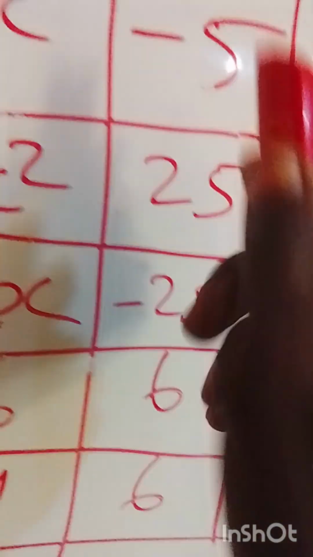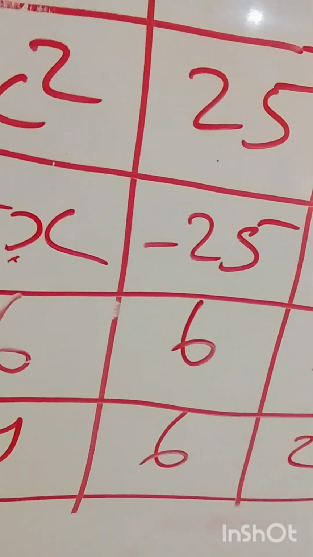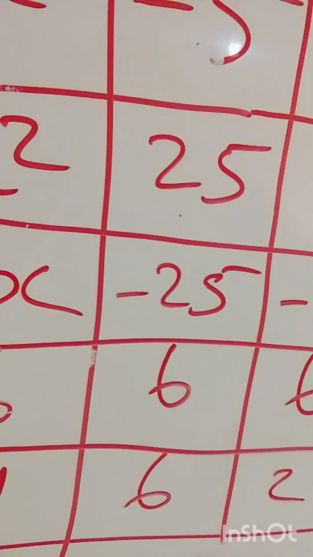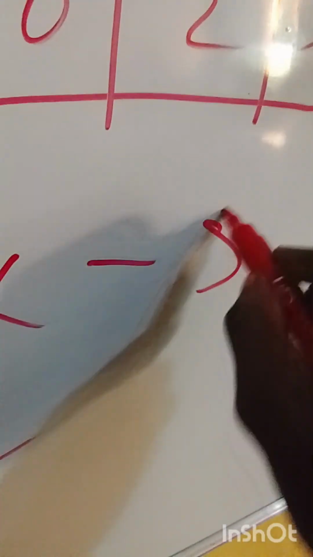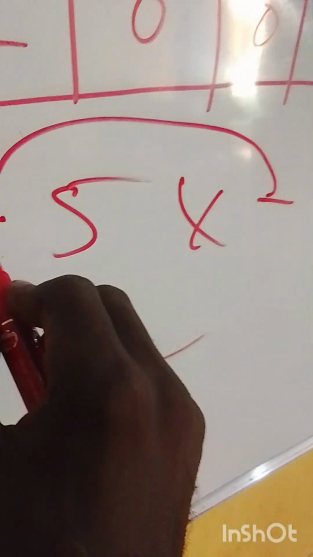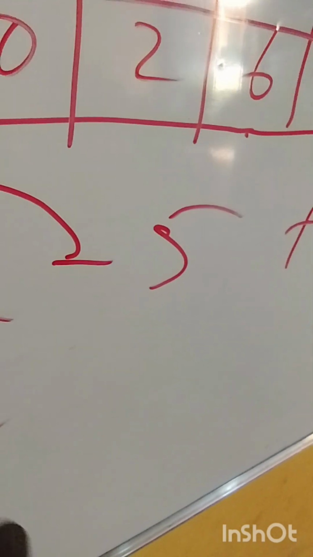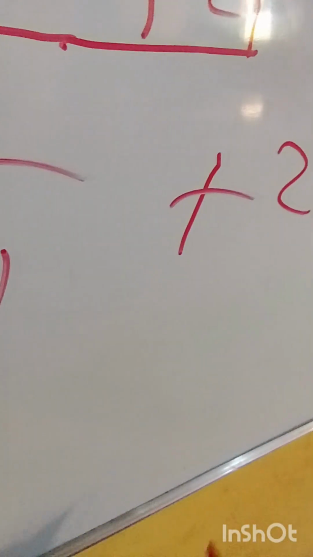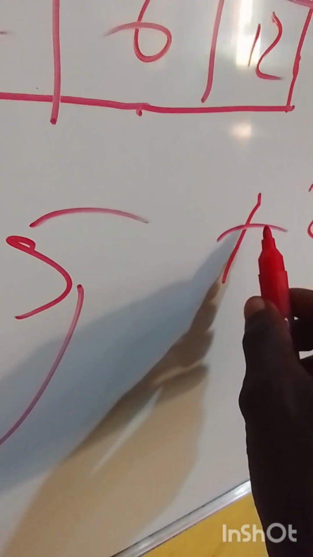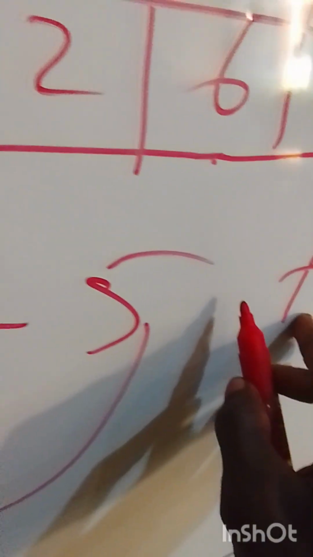Remember I said, since minus 5 times minus 5, this times this is plus. Then this times this is plus multiplication. So now we are having our 25 in positive.